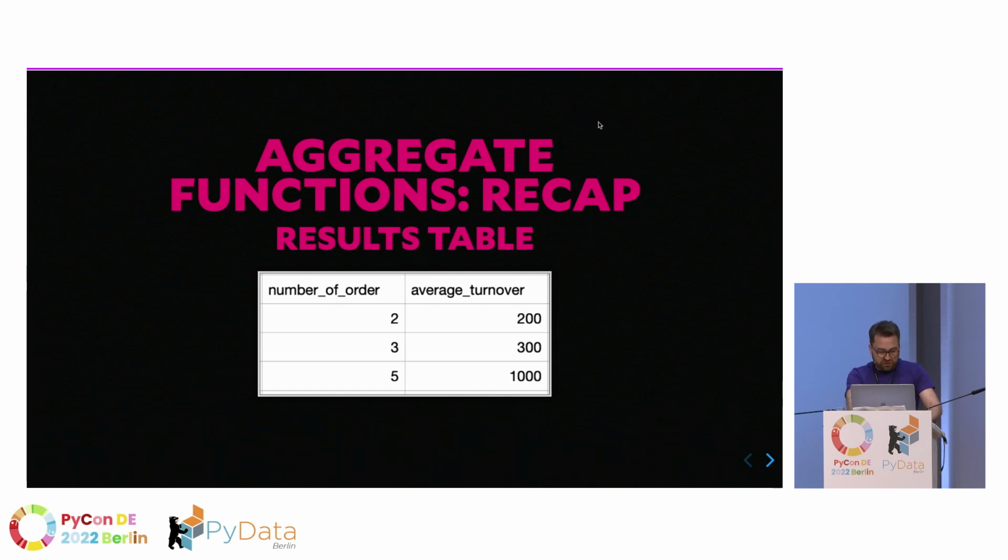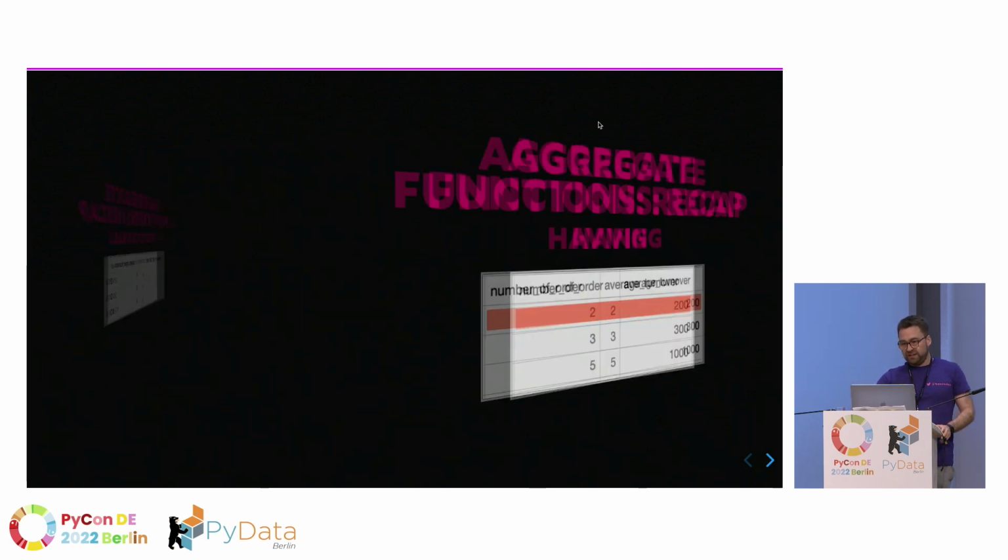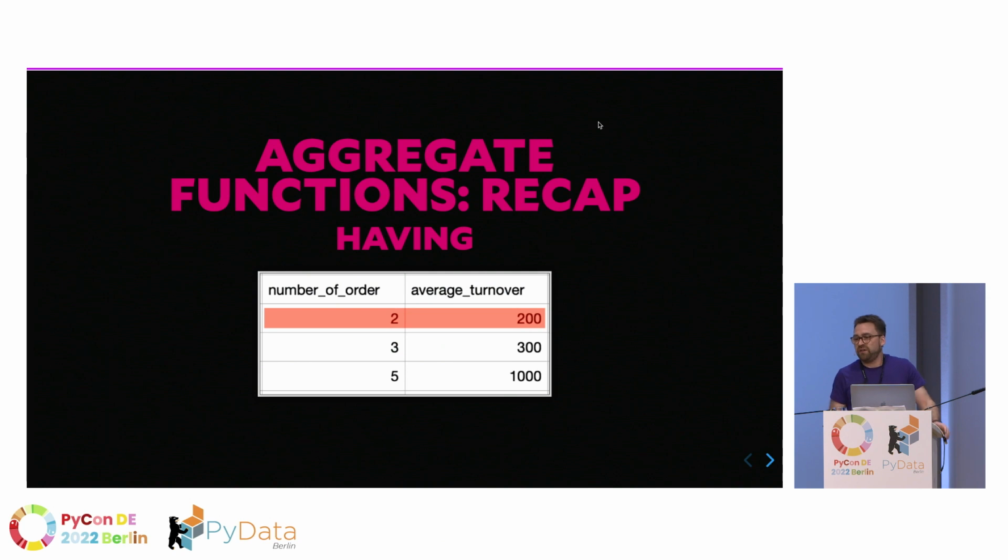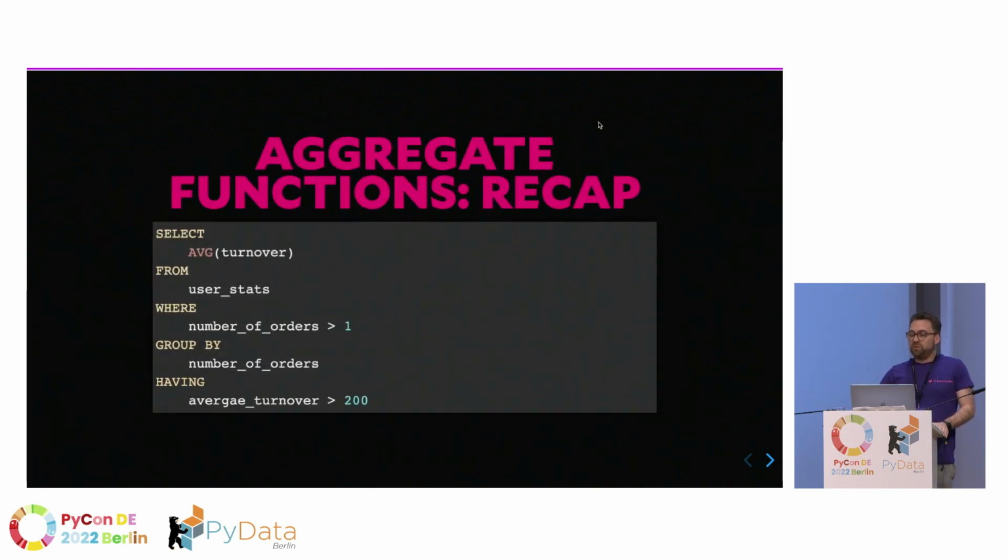Let's say we want to further filter this result table, then we have having as a keyword in SQL, which acts as a filter for the result of the aggregate function. In SQL, it would look like this. We have our select, we have our aggregate function, we have our pre-filter in the where condition, and we have our post-filter in the having condition.